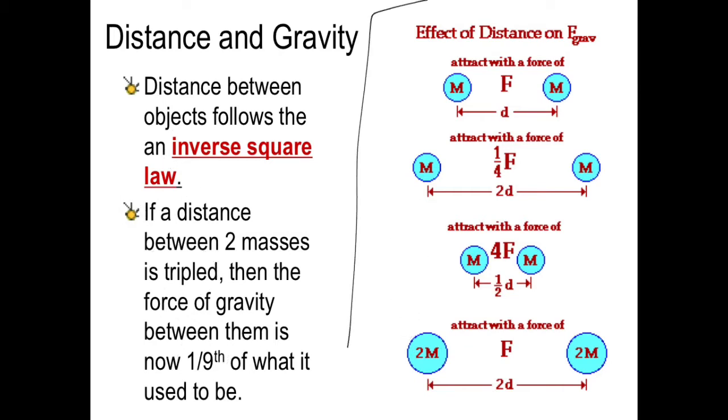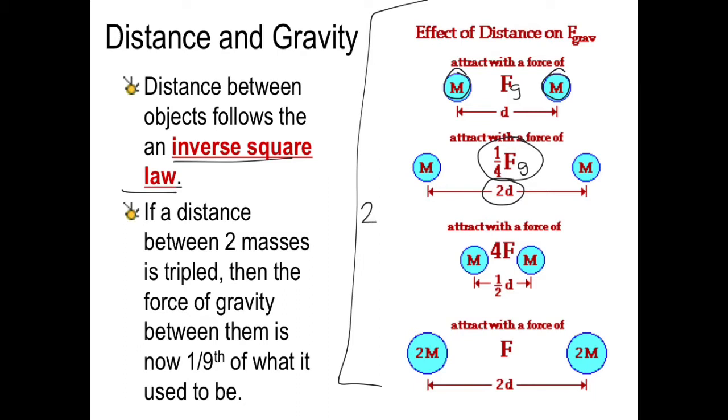If we look at the examples here on the side, between two masses is a certain force of gravity. So that is our starting point. Now, if I double the distance between these two masses, I now end up with 1/4 of the gravity I used to have. Why? Because of the inverse square law.